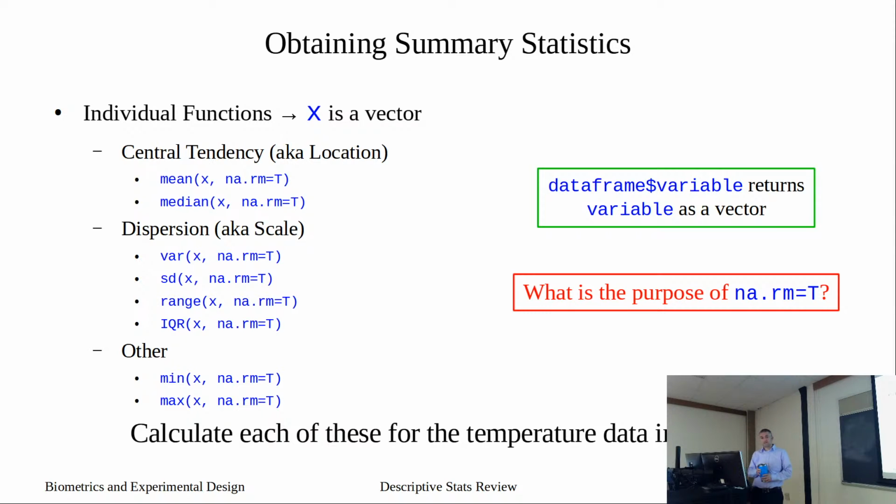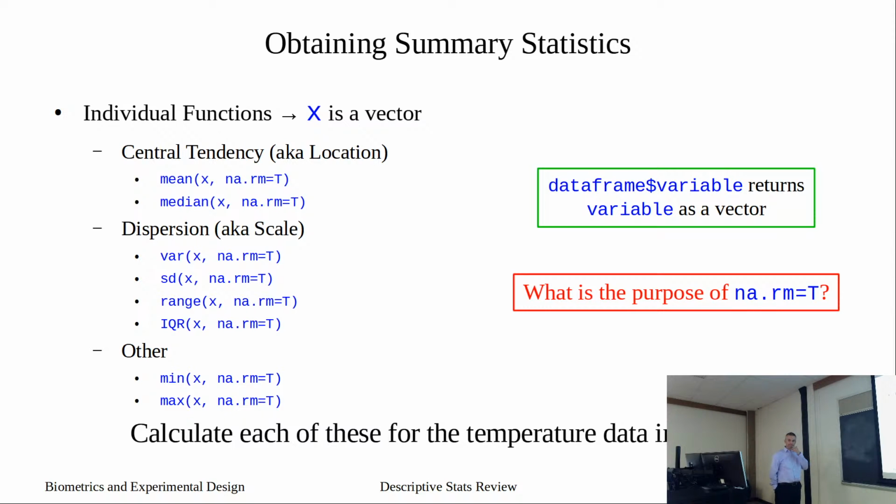In some things, like when we do regression analysis, the function will actually automatically remove the missing data, but these functions will not. So if you have missing data, or you don't know you have missing data, and you run mean of your vector and you get NAs, try na.rm and see if that works.